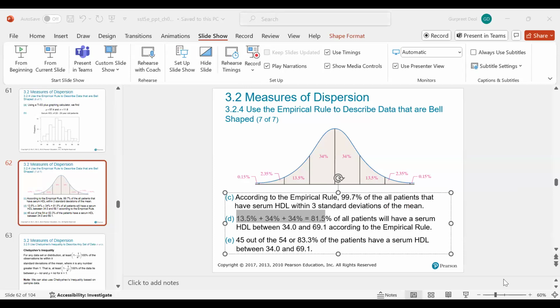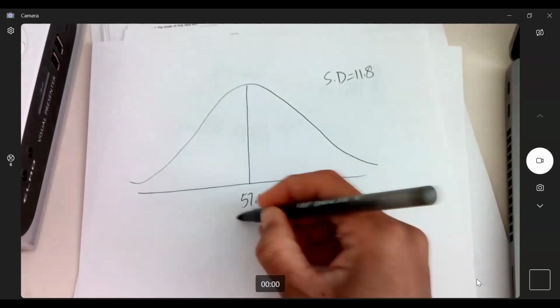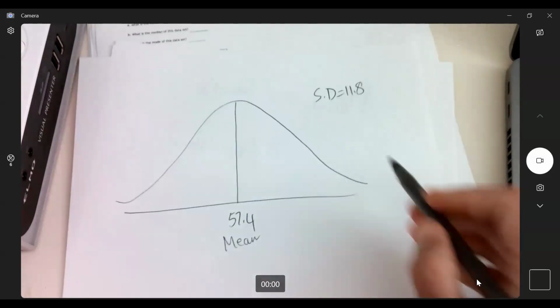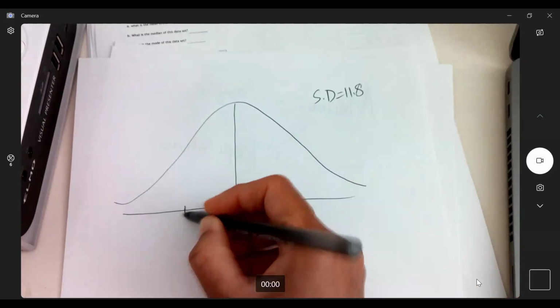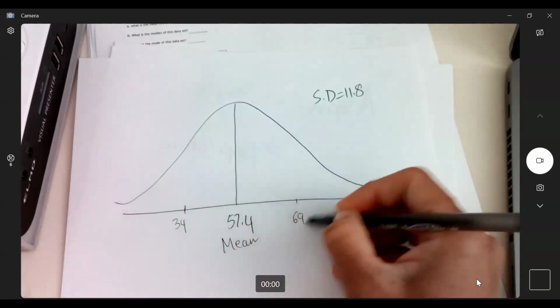So this is the curve I have drawn. This was the mean that we calculated, and this is the standard deviation that we calculated. We were supposed to be in between 34 and 69.1.